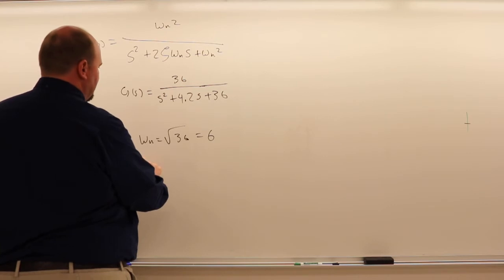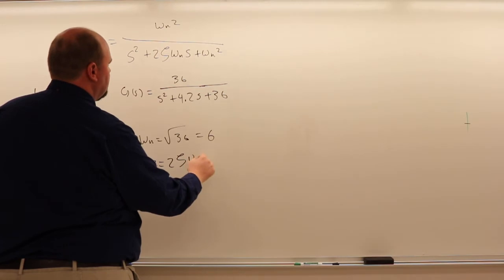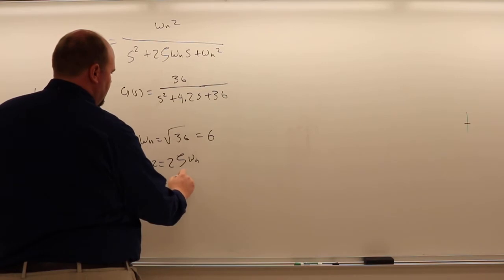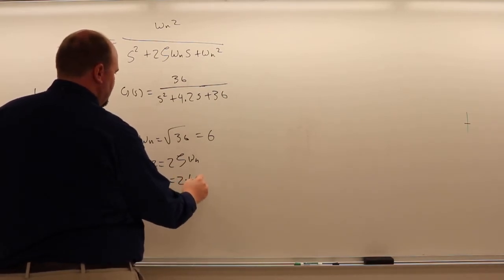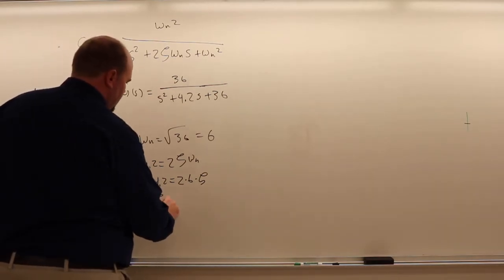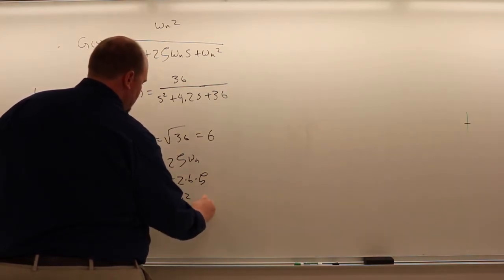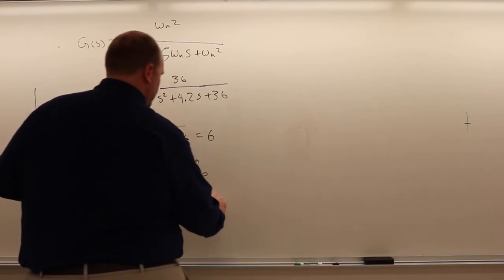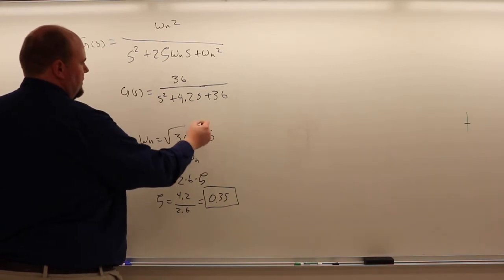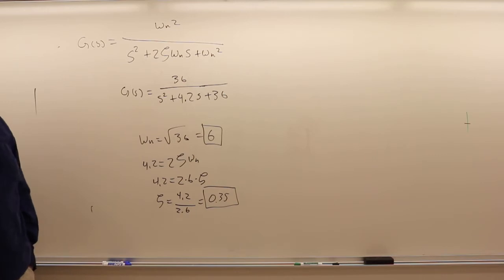So we can say 4.2 equals 2 times 6 times zeta. So zeta equals 4.2 divided by 2 times 6. That equals 0.35. We did it. Very easy to do.